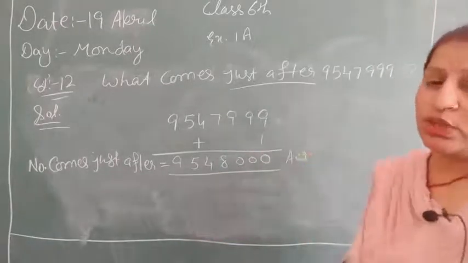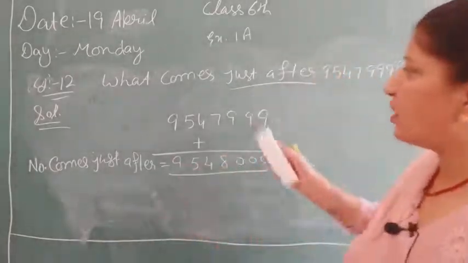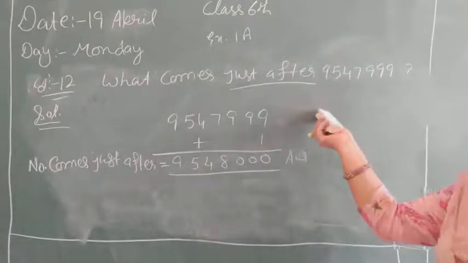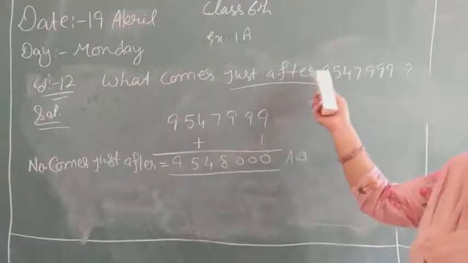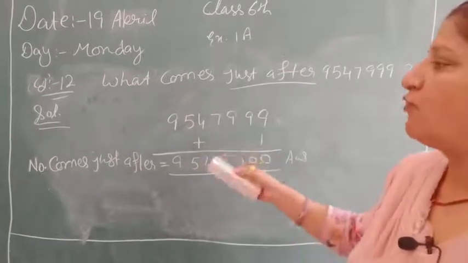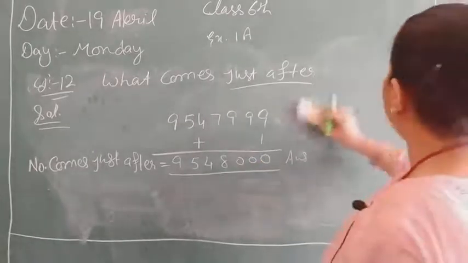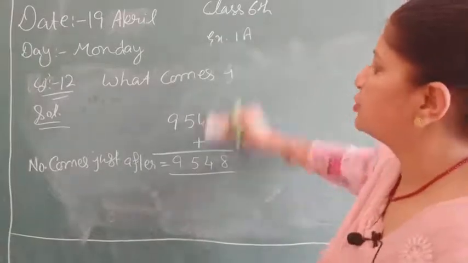So questions 13 and 14 are the same as this question. In just after you have to find the successor, and in just before you have to find the predecessor. Clear this one? Okay. Now we start our next question.